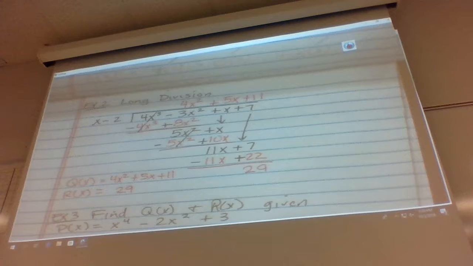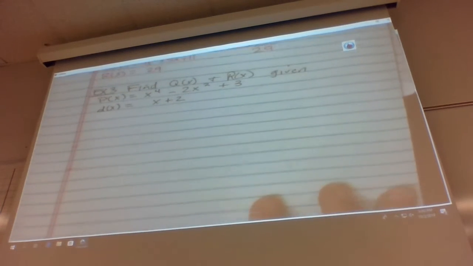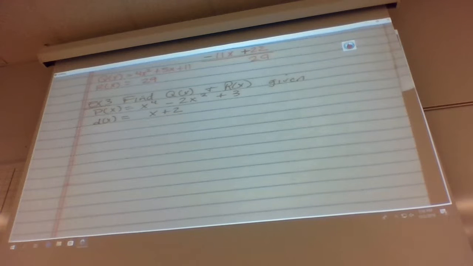Now, before you start writing it down, I need you to look at your P of x right here. How do you see that this P of x is different from the previous 2? It's missing an x to the 3rd and an x. Very good. It's missing an x cubed and an x.